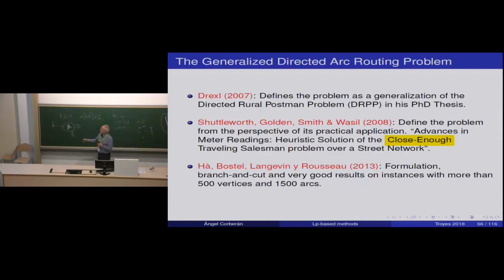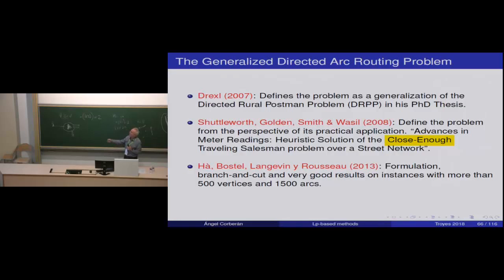This problem, from the theoretical point of view, was proposed by Michael Drexel, and he defined this as a generalization of the directed rural postman problem. Then he wrote to us to say that he was the first one working on this problem, and that we should put his name on this problem.